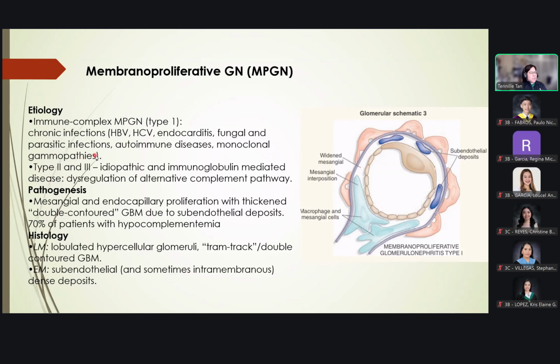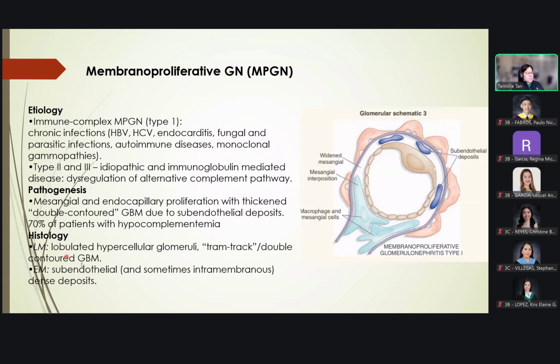Type 2 and type 3 can be idiopathic and or immunoglobulin-mediated disease. There's usually a dysregulation of the alternative complement pathway. For pathogenesis, you'll have mesangial and endocapillary proliferation with thickened, what they call a double-contoured GBM due to your subendothelial deposits. And about 70% of patients will have hypocomplementemia.